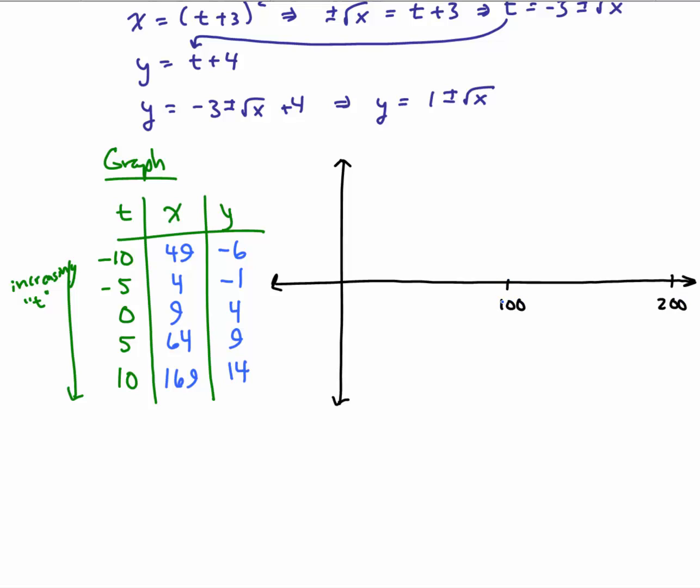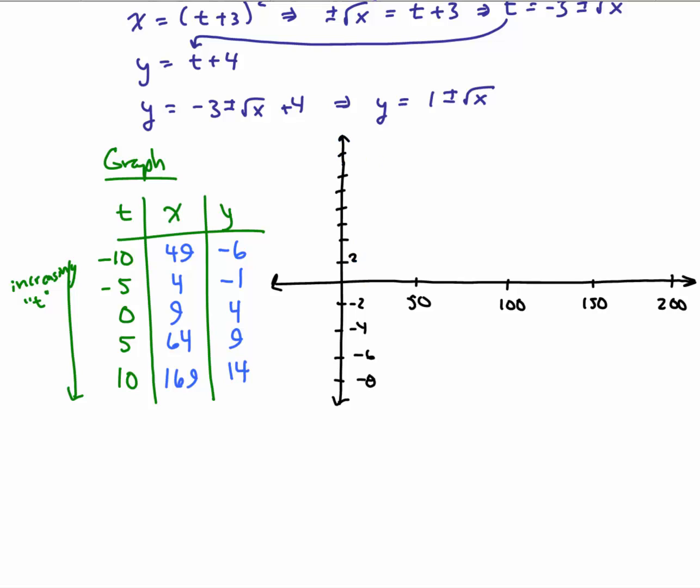So there's 100, there's 50, 150. So kind of an extreme scale. Now my y values go down to -6, so I'm going to go down by -2, -4, -6. And then up here 2, 4, 6, 8, 10, 12, a little bit more here, 14.